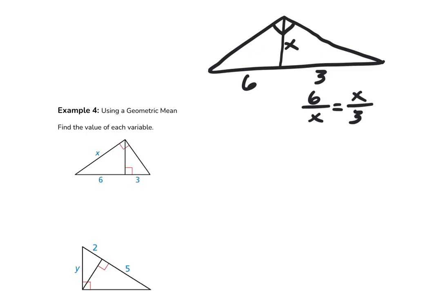So this is leg to leg, leg to leg, but x is the piece that's going to match up here. So if you are trying to find the altitude, that altitude is going to break that hypotenuse up, and we set up a proportion. 6 is to x as x is to 3. If I cross multiply here, I get x squared equals 18.